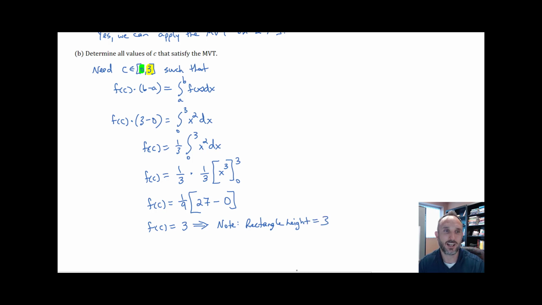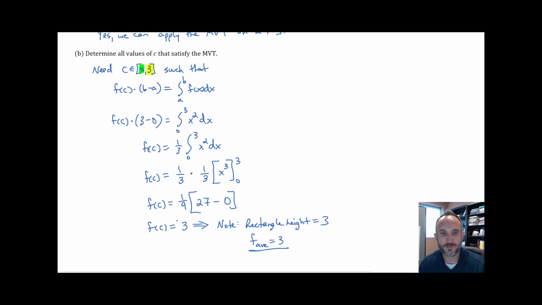The rectangle height is 3. That's good to know. And furthermore, the average value of this function is 3. So when we look at this function from 0 to 3, its average output, its average height, is 3.